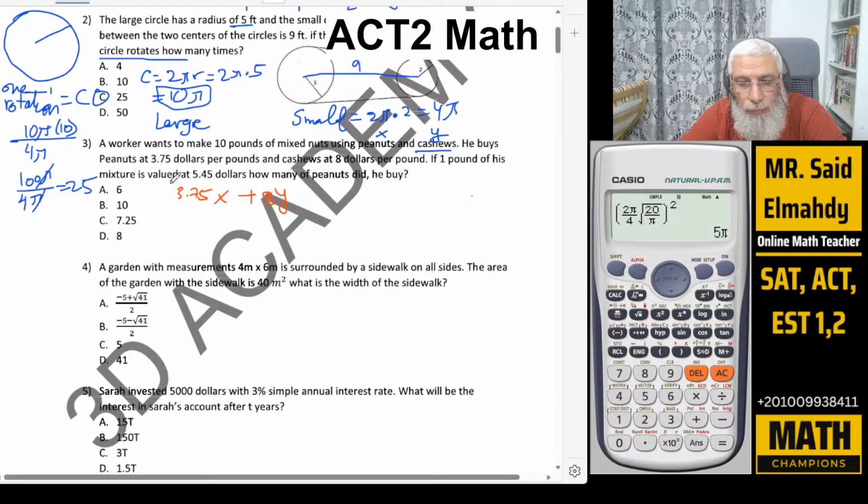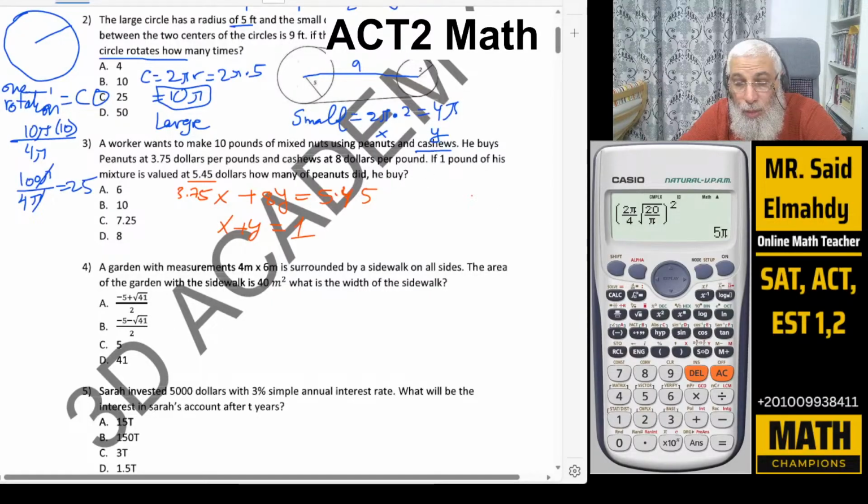If 1 pound of his mixture is valued at 5.45, so the total is 5.45, and X plus Y is 1 pound. How many pounds of peanuts did he buy?